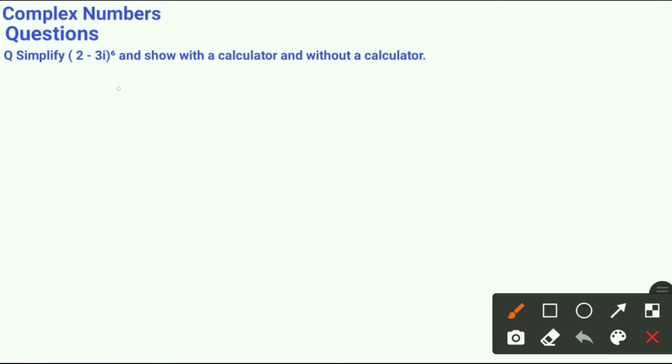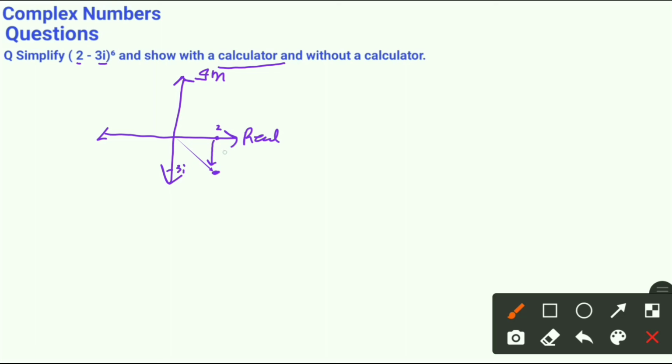Simplify (2 minus 3 iota) to the power 6 in brackets, and show it with a calculator and without the calculator. Let's start with the calculator. Let's suppose that this is the real axis, this is the imaginary axis, and we have 2 minus 3 iota. So 2 minus 3 iota will come here.